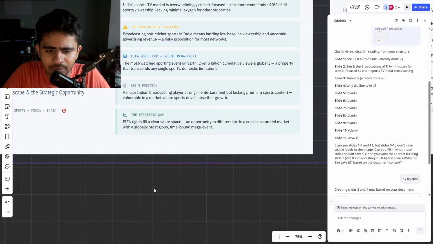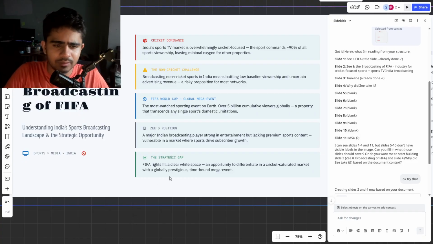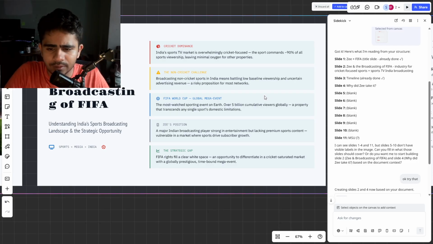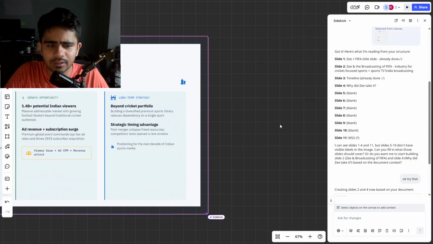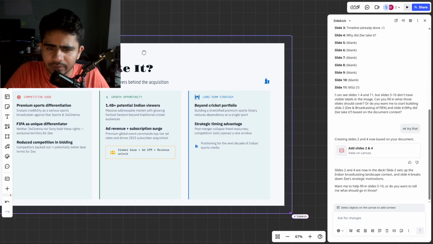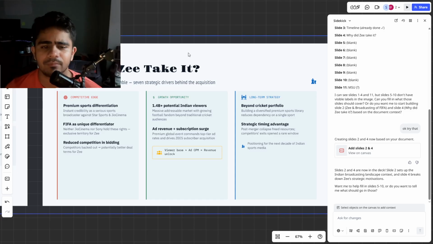Strategic gap: FIFA broadcasting, non-cricket sports in India means battling lowest viewership uncertain. Interesting. This is already done. And what do we have here? Ad revenue we have here. Nah, it's really not. FIFA's unique differentiator, neither have these rights. Well, it's tried.